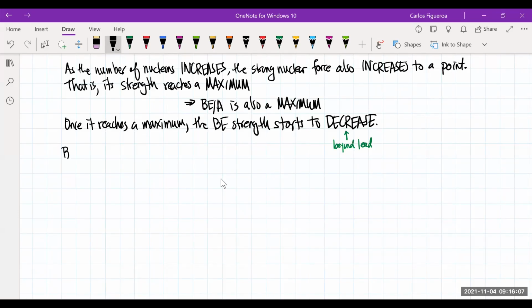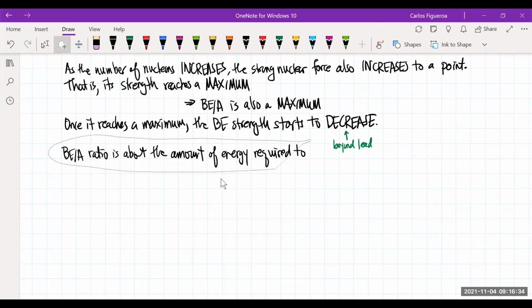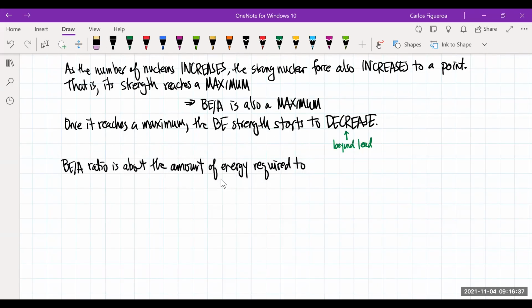So the binding energy per nucleon ratio is about the amount of energy required to, I'm going to move this down one, required to remove a nucleon from the nucleus.